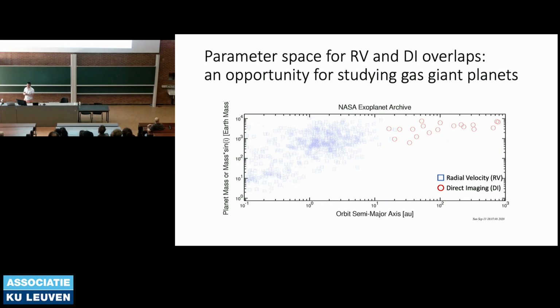The purpose of showing this figure is to show you that these two populations are almost touching each other, meaning that some of the planets may be detectable by both techniques. And because they can be detected by both radial velocity and direct imaging, there is very rich information to be extracted for the planets that can be studied by both techniques.